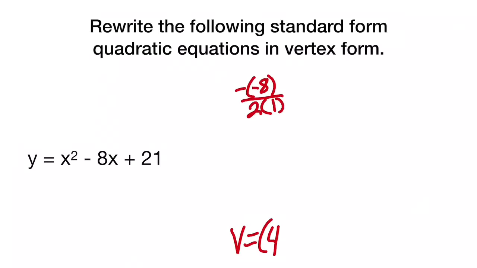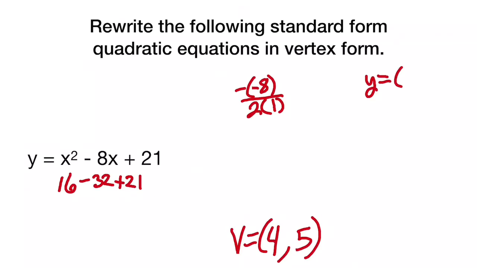So then I plug that in. 4 squared is 16, minus 8 times 4 is 32, plus 21. 16 minus 32 is -16, plus 21 gives us 5. So then I just plug that in. y equals, remember a is 1, so I'm not going to write that, and I'm just going to say x minus 4 squared plus 5.